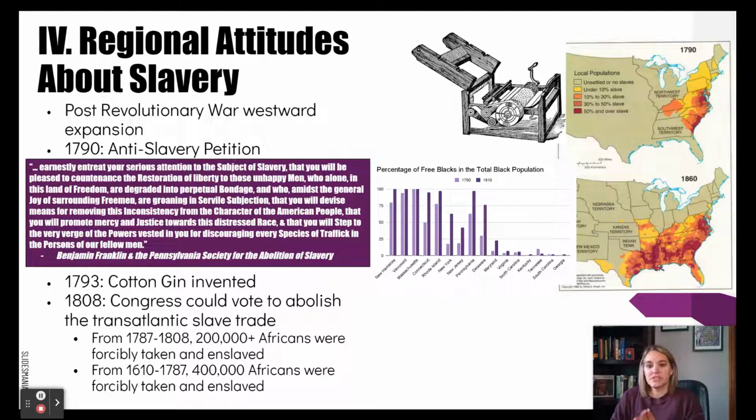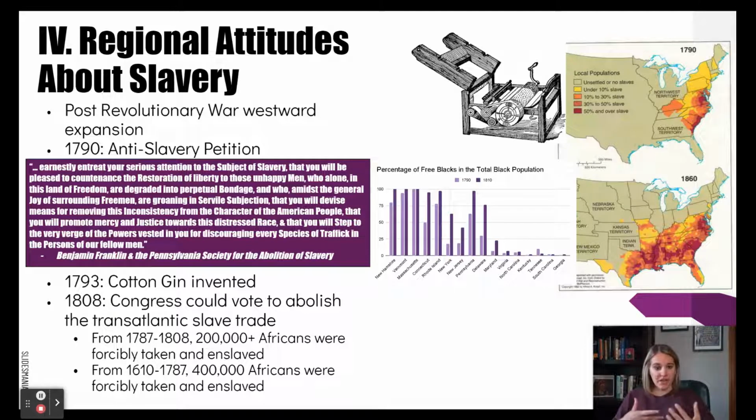They write, "We earnestly entreat your serious attention to the subject of slavery, that you will be pleased to countenance the restoration of liberty to those unhappy men who alone in this land of freedom are degraded into perpetual bondage, and who amidst the general joy of surrounding freemen are groaning in servile subjection, that you will devise means for removing this inconsistency from the character of the American people, that you will promote mercy and justice towards this distressed race, and that you will step to the very verge of the powers vested in you for discouraging every species of traffic in the persons of our fellow man."